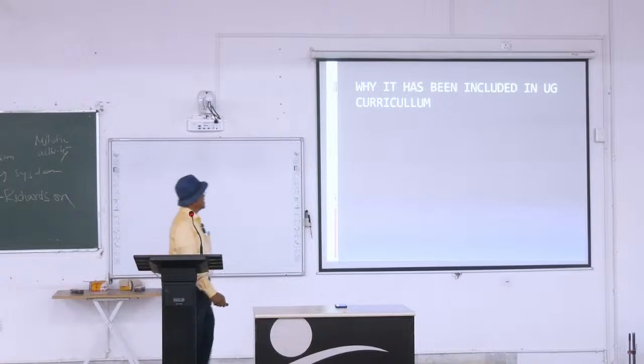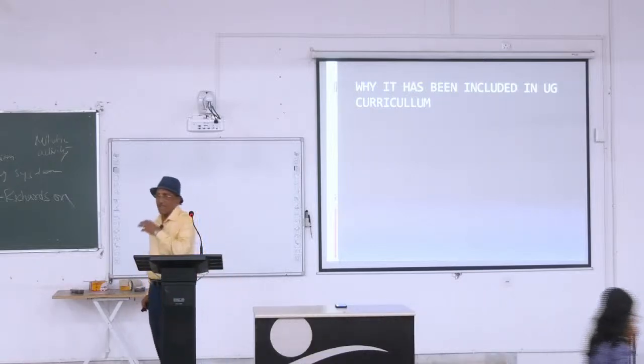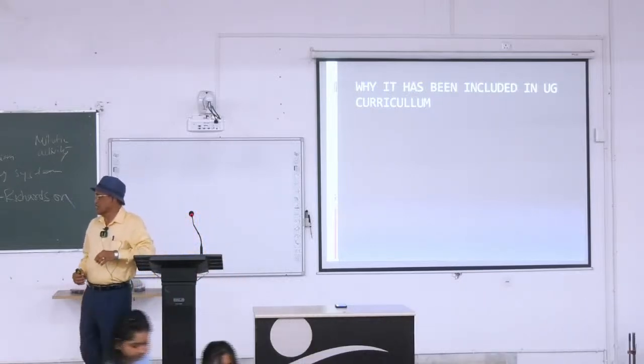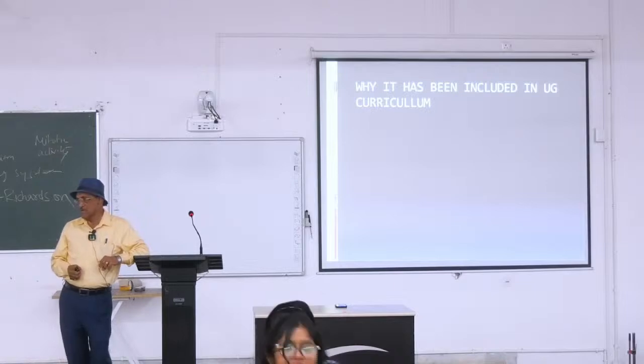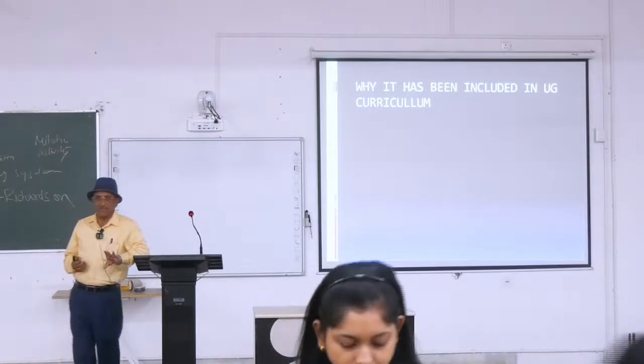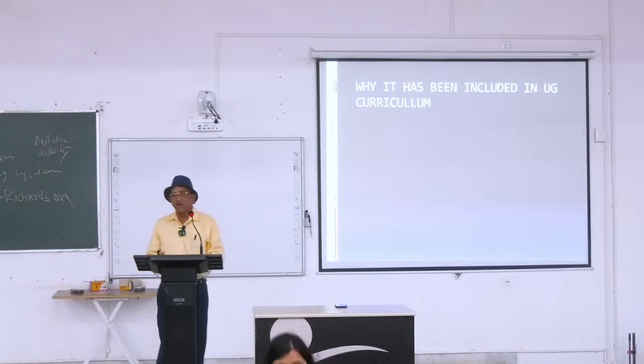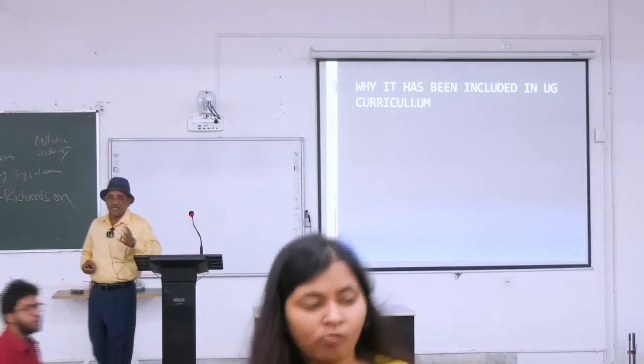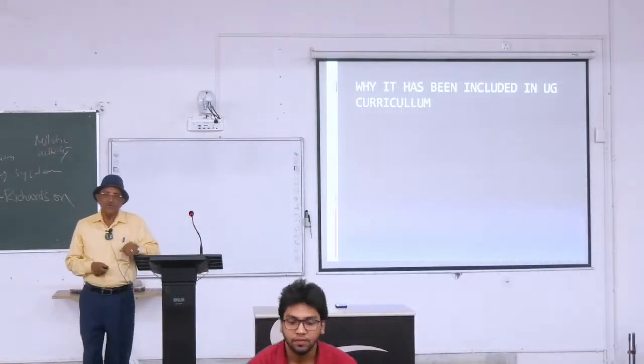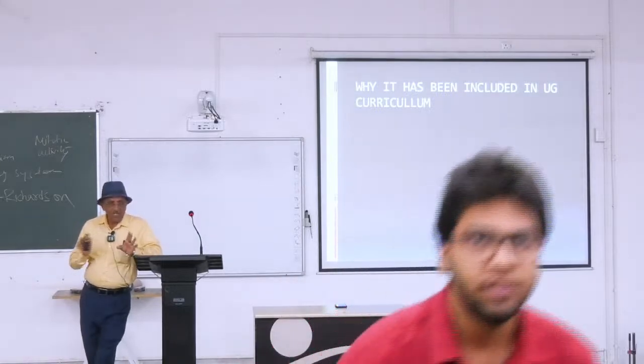Why is it being included in the UG curriculum? It was a more or less monotonous study before, I think, before the 1980s or so. It was only the theoretical part of teaching, where you had to read the books and listen to the lectures.